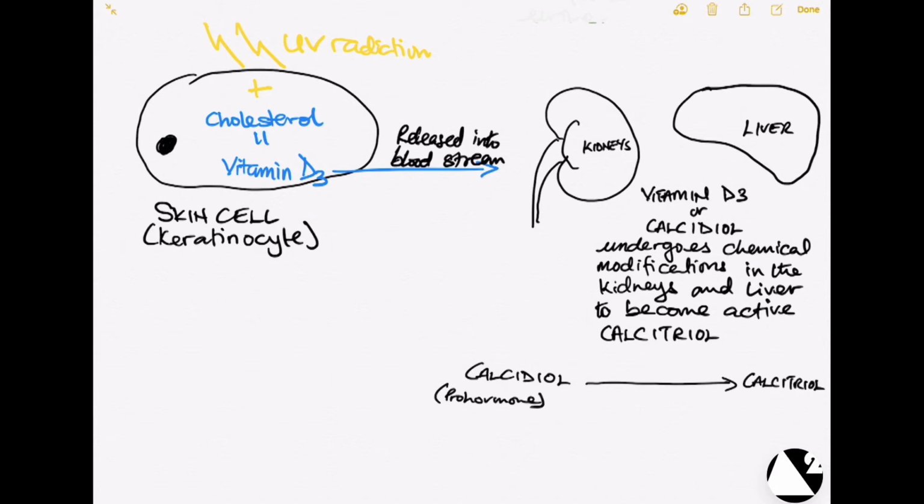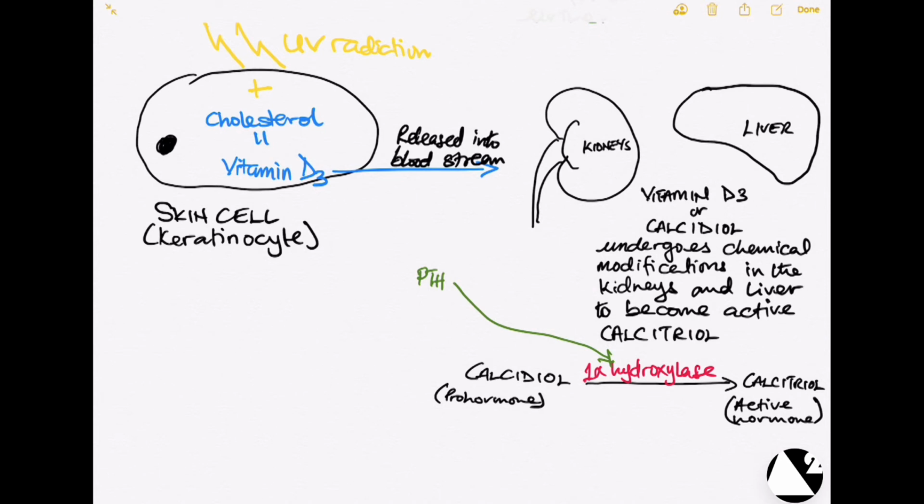This chemical modification is catalyzed by an enzyme known as 1-alpha hydroxylase. However, the parathyroid hormone increases the production of this particular enzyme, which then leads to the increased conversion of calcidiol to calcitriol. And so that is vitamin D essentially, and how it is involved in calcium metabolism.